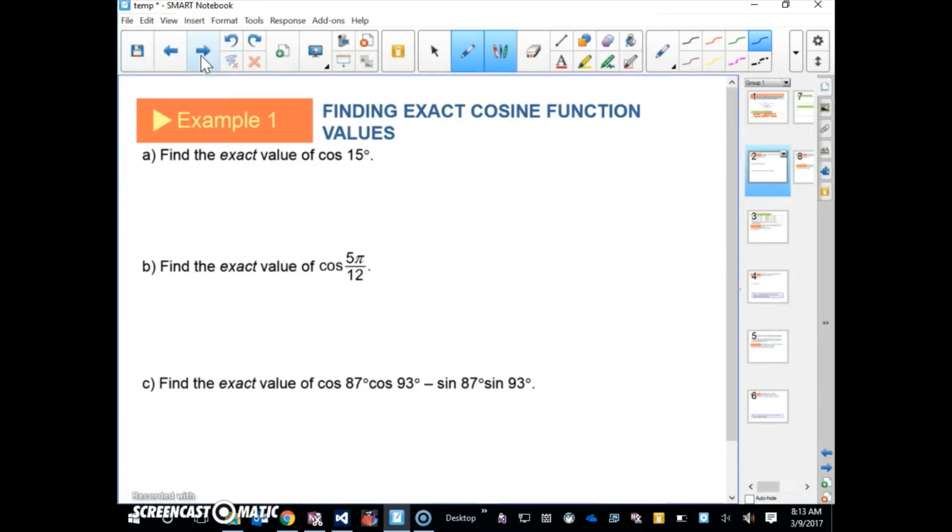So example 1, find the exact value of cosine 15 degrees. We've never been able to find the exact value of cosine 15 degrees before. We've been able to plug it into our calculator, but we've never been able to use the chart to find cosine 15. But now we can, because we can change 15 degrees into a difference problem.